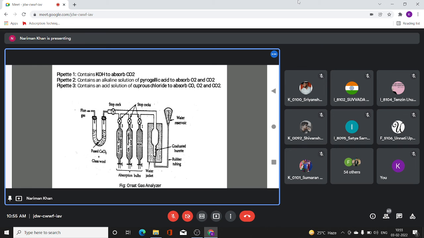Now, we should always see that the sequence KOH, pyrogallic acid and cuprous chloride is maintained. The sequence cannot be reversed. Why can it not be reversed?